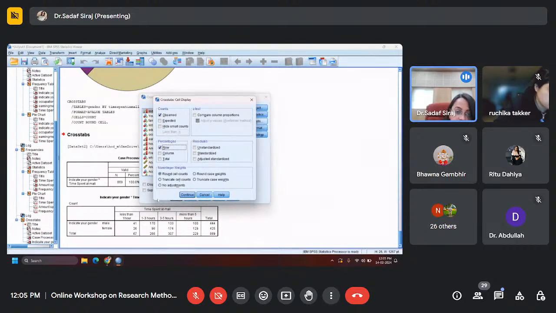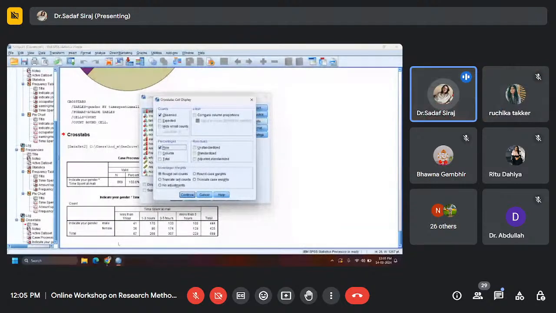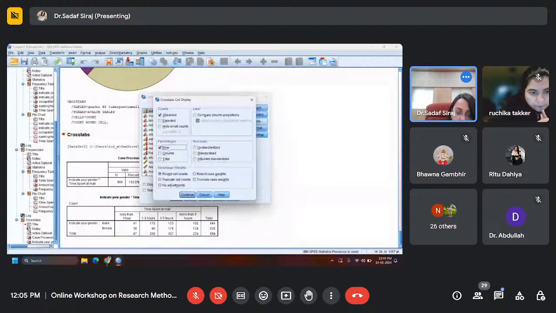You can have percentage in rows, you can have percentage in columns, and you can have overall percentages also. For the sake of convenience, we take rows here. So I have clicked on percentages. Apart from frequencies, I'm also interested in knowing the row-wise percentages. So I have clicked on row, then I click on continue.